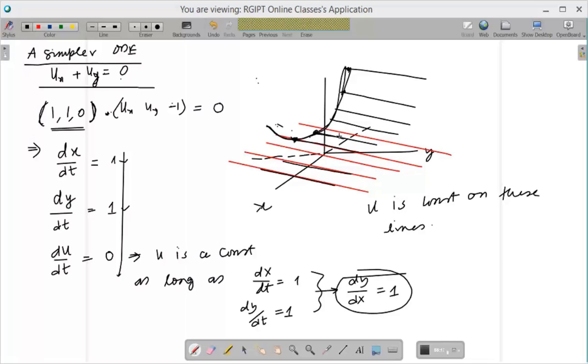That means u will translate this way. The height of the point, which is the value of u, is not going to change. Therefore, you can imagine the surface would look like a surface of translation, which you obtain by just moving this particular parabola or initial gamma curve. This will be a surface of translation.